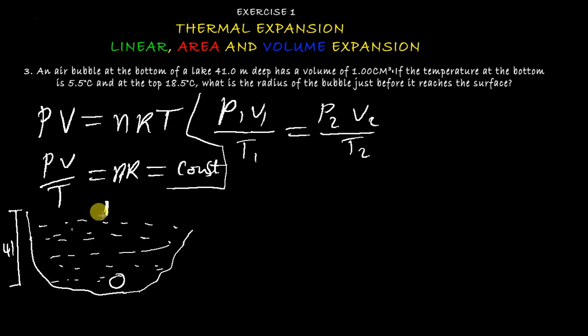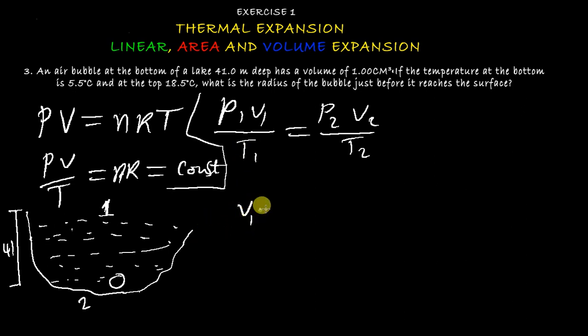I put this as 1 and this as 2. I'm going to make 1 the subject because they want us to find the value of the radius before it reaches the surface. So let us make V1 the subject.